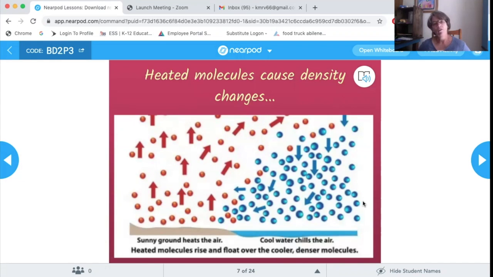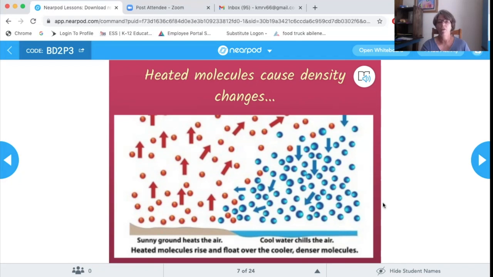All right, as they cool off, as they get away from the heat source and cool off, the molecules slow down. They kind of get chilled a little and they don't move as much and they move closer together. They don't take up as much space. And so they get heavier or more dense and they sink.